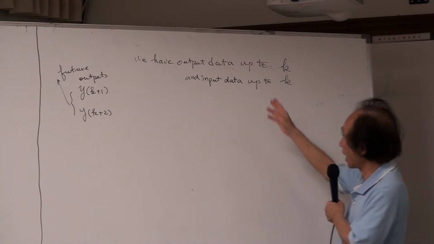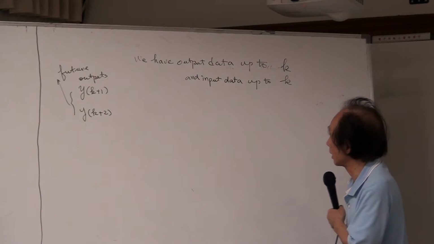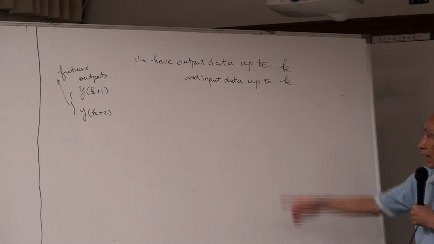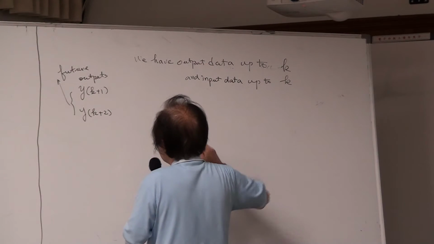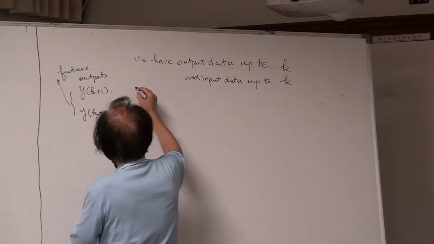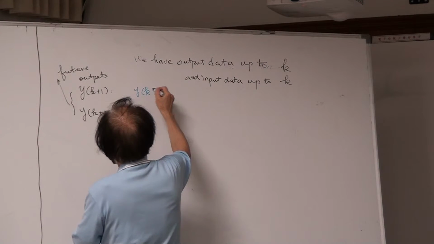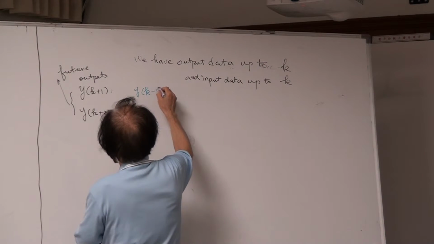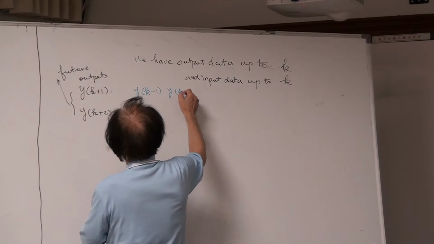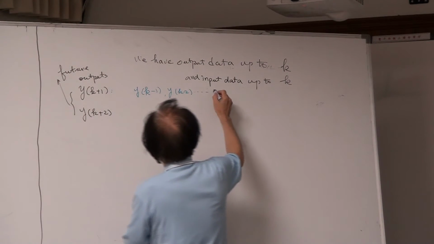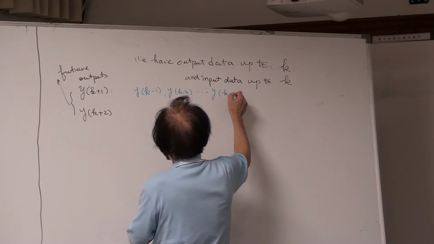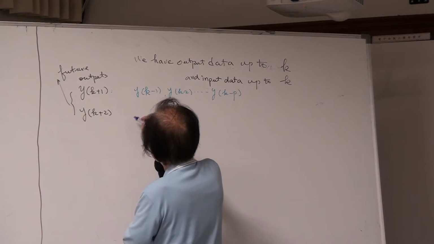Because I know the data only up to yk, I have to compute yk. This yk, I have to compute in terms of yk minus 1, yk minus 2, and to yk minus p. All right, the same thing.